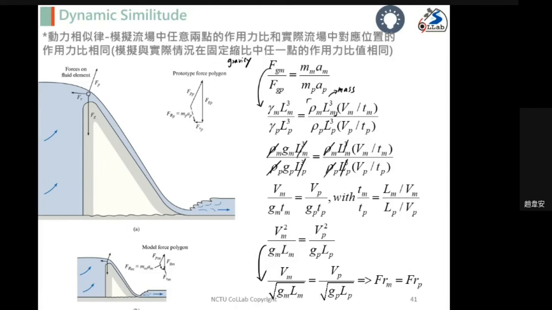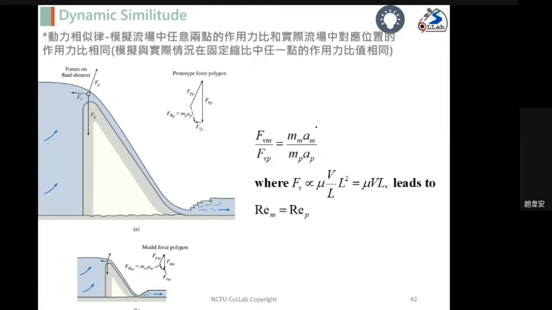So based on the definition of the force ratios, finally we arrive at the Froude number. So for this problem, we need to satisfy the condition that the Froude numbers are equal between the model and the prototype.